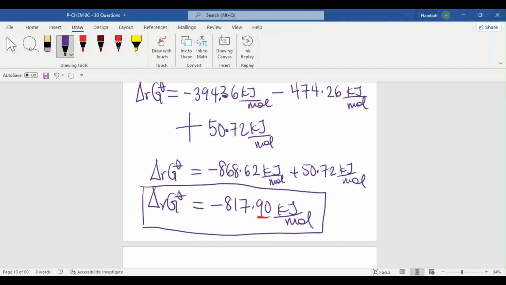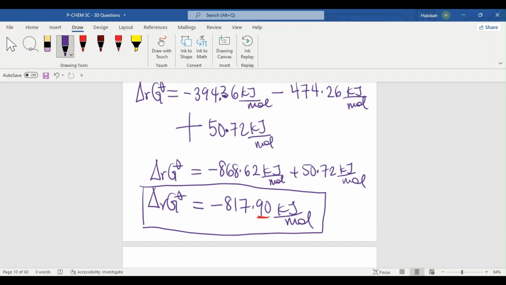I want to quickly mention something so there's no confusion. I saw in some calculations online that people are giving the absolute value of negative 817.90 kilojoule per mole, turning that negative to positive. I know a bunch of students can watch this video. I am a physical chemistry major. I'm done with university, but I studied pure chemistry in college.